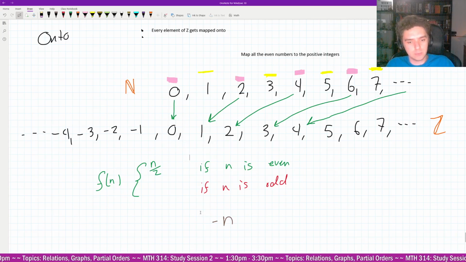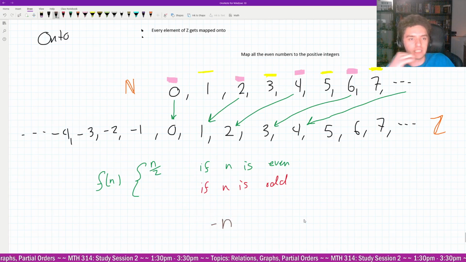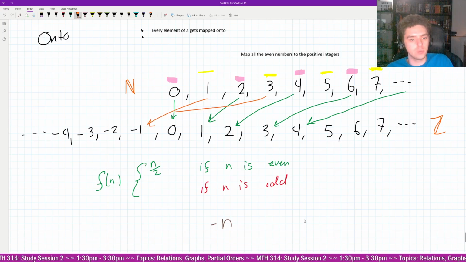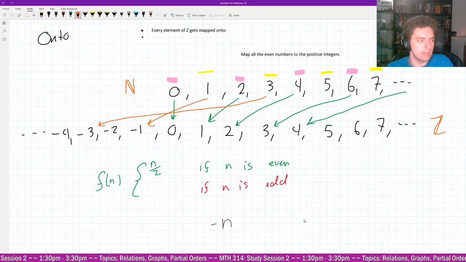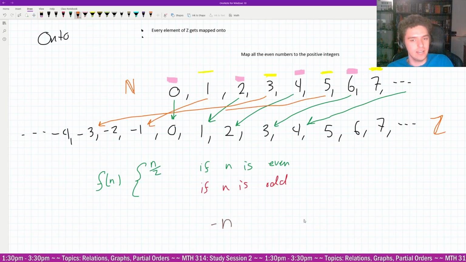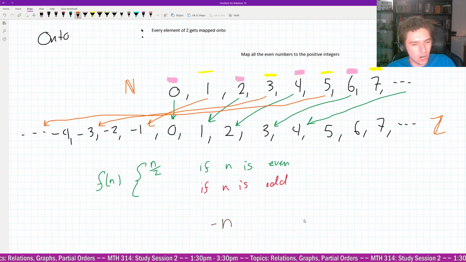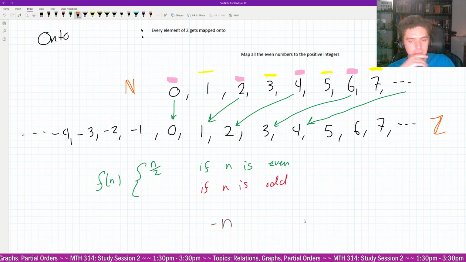So I definitely want some sort of negative n situation happening here. But this wouldn't quite work because if I just did negative n, it'd be 1 to -1, 3 to -3. Yeah. So Caleb, you got what we're going for. 5 to -5. We're missing all of the even numbers here.